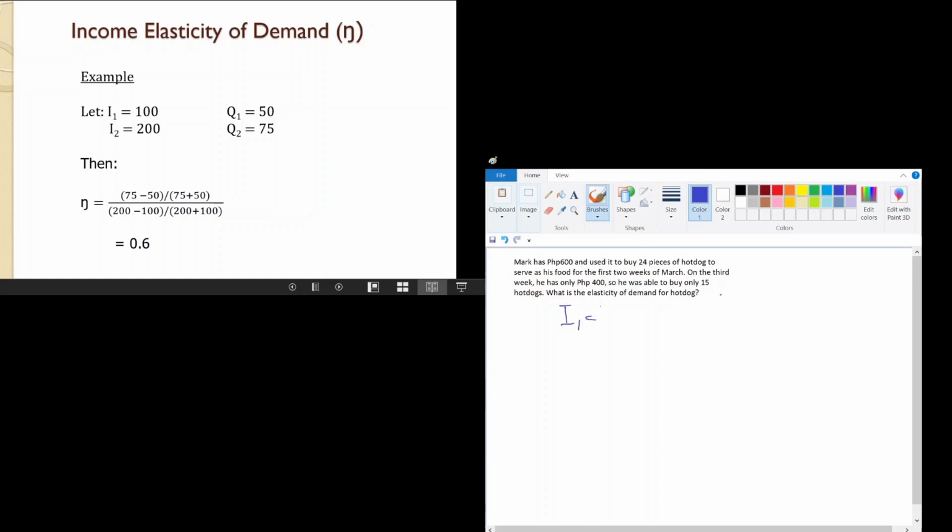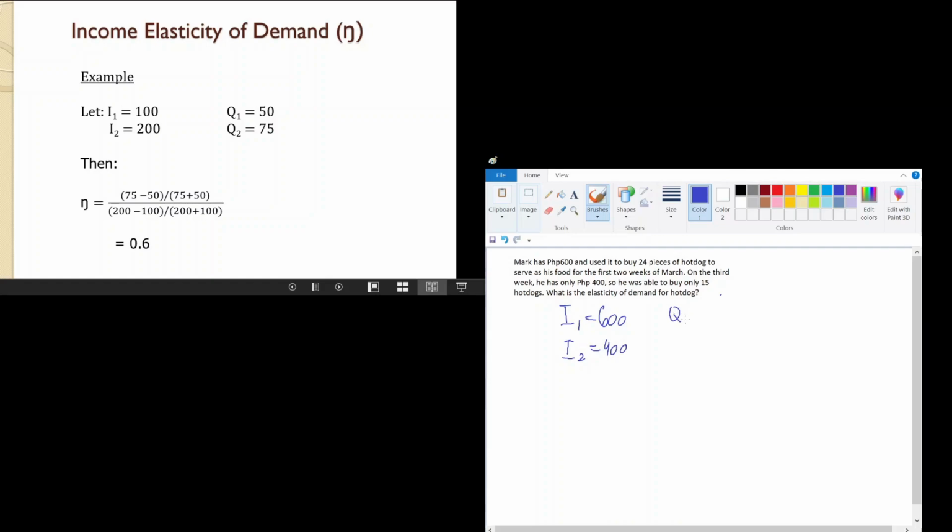Ano yung unang income niya? Or magkano yung unang budget niya? So when we say income here, when we compute for the elasticity, hindi lang lagi na income siya na from salary. So it can also be budget or yung allowance. So 600, diba? Ito. And then I2, nung third week na, meron na lang daw siyang 400.